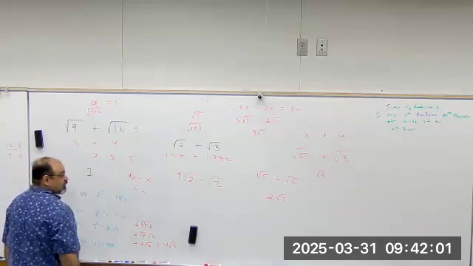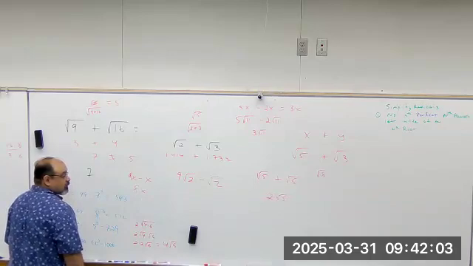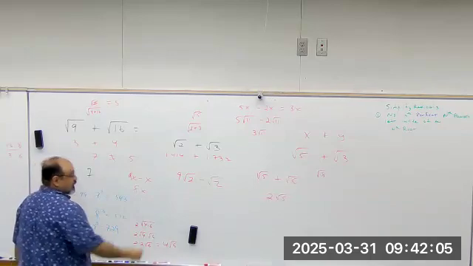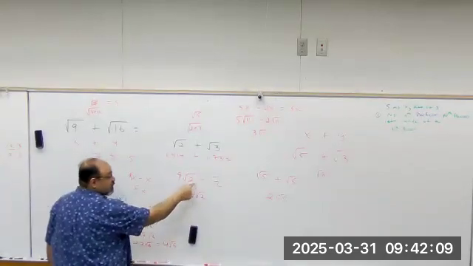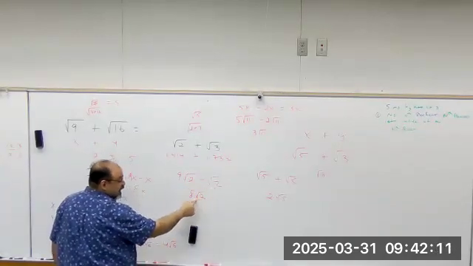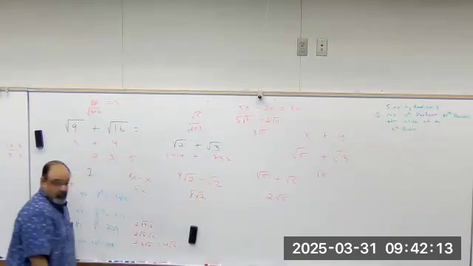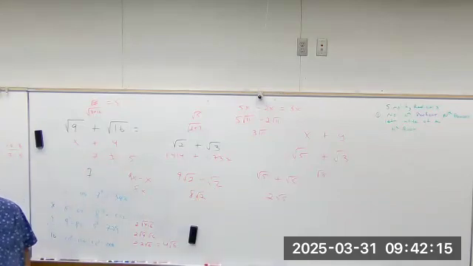So what is 9 square root 2 minus square root 2? 8 square root 2. 9 of these square root 2 minus 1 of those square root 2 leaves 8 of those square root 2s. And then minus 1 of them.